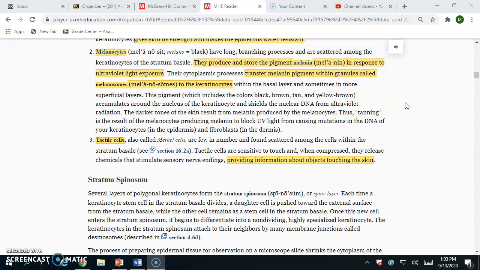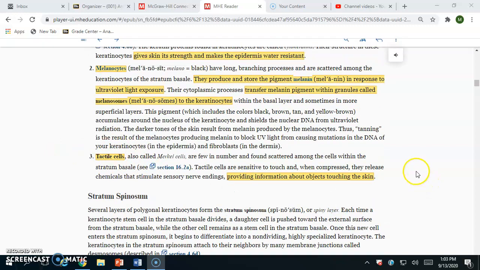Okay, so then the last part of our epidermal layer, called the stratum basale or basal, is the tactile cells. Sometimes we'll also call them sensory receptors because they're receiving information from the external environment, and then they're sending that information to the nervous system through the nerves of the body.